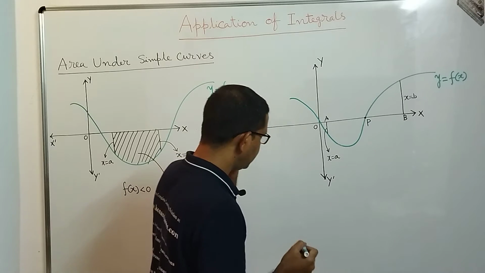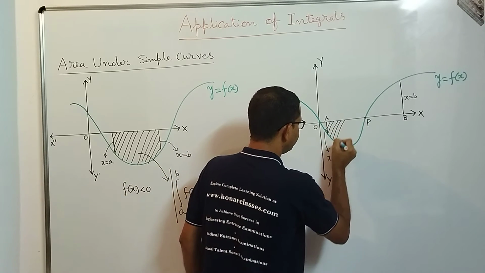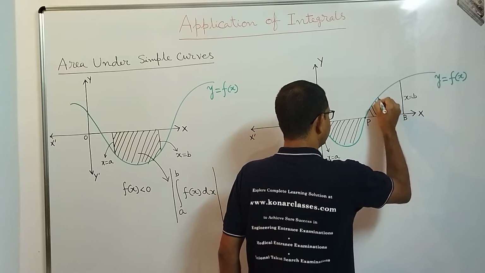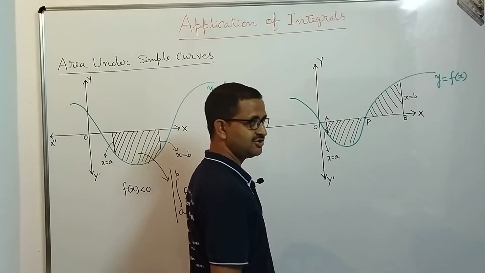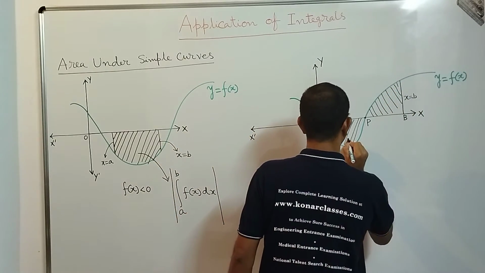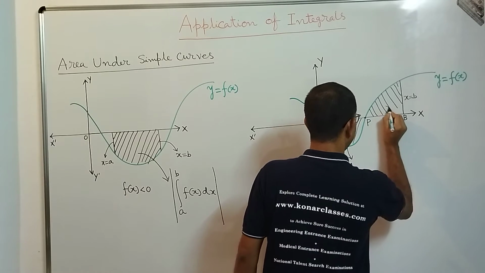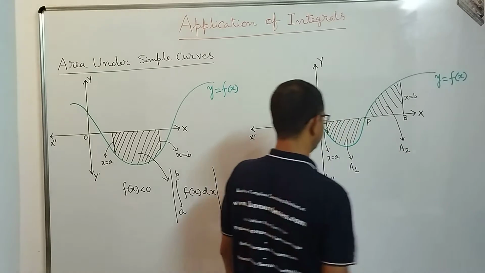Now, what we need to find is the area of this region and the area of this region. Suppose we define the area of this region as capital A1 and the area of this region as capital A2.